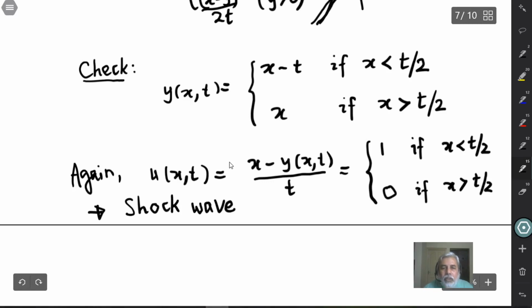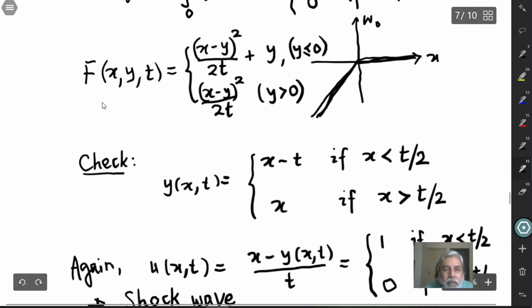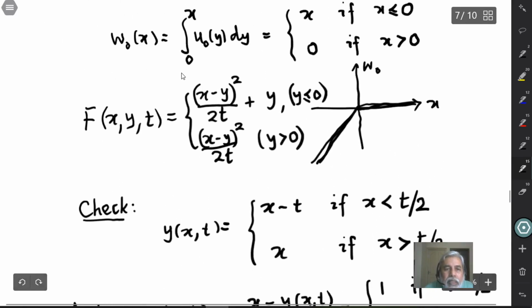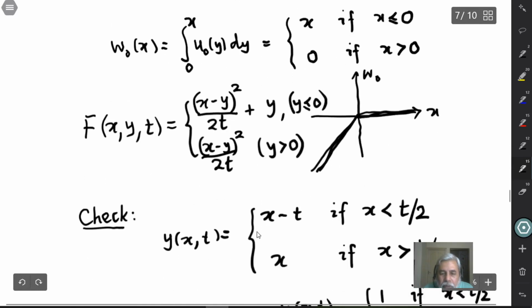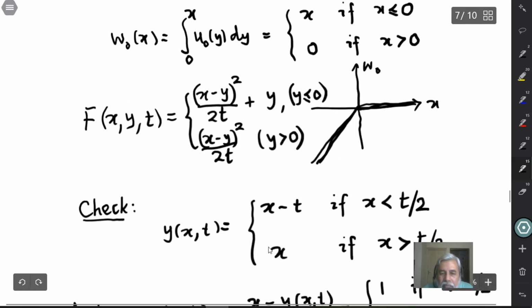So you can take some different simple initial functions u0 and try to work out this minimization problem. In general, it's not easy. Even in this simplest case, you have to really work to get these values of the minimizer.